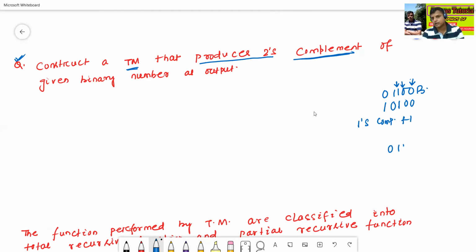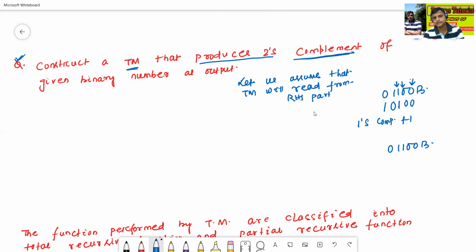So 0 1 1 0 0, and this is the blank symbol. This is my input string. Let us assume that the Turing machine will read from the right side, the RHS part.